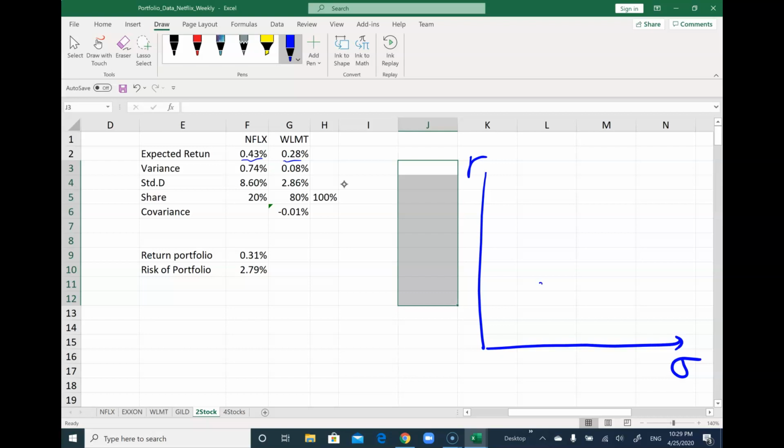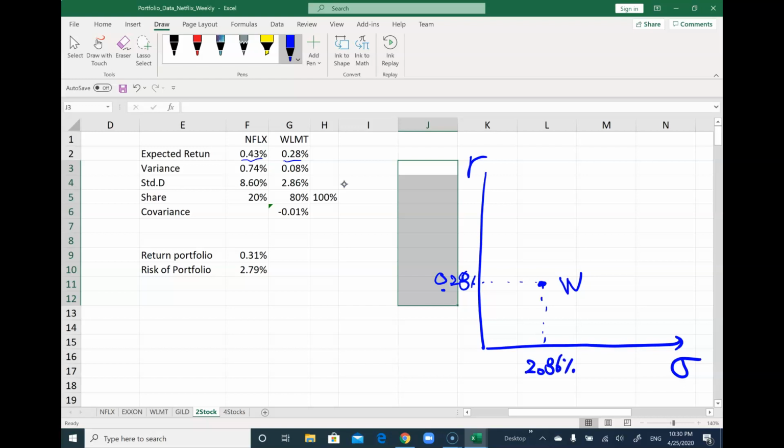So let's say this is Walmart, right? In the case of Walmart, this return is lower. It's 0.28, right? But it has a lower risk too. When you look at the standard deviation of the return, it is 2.86%.